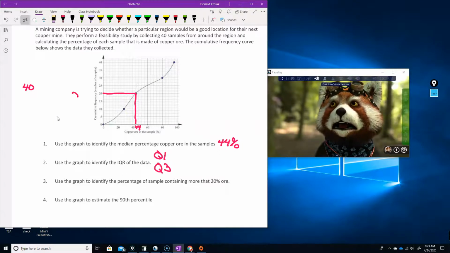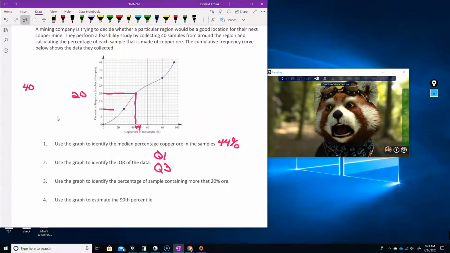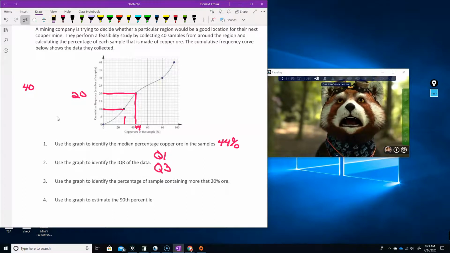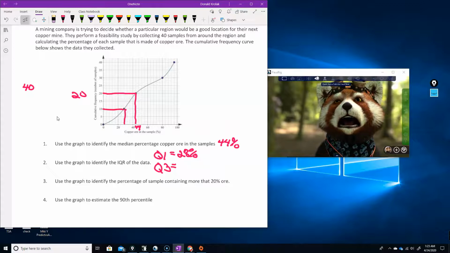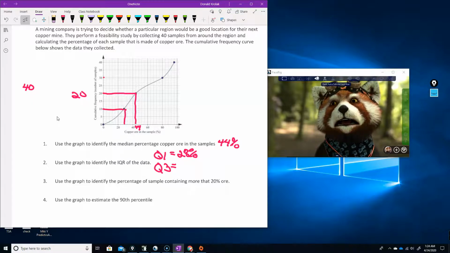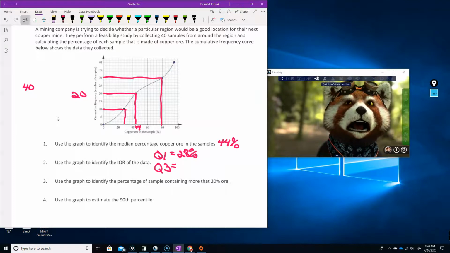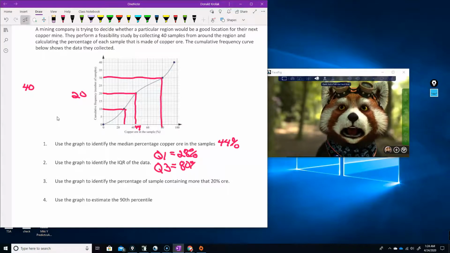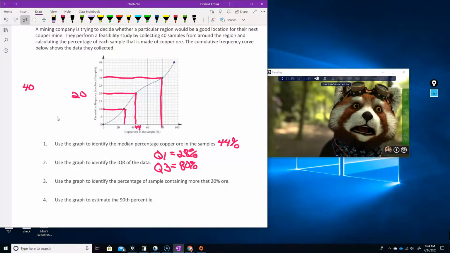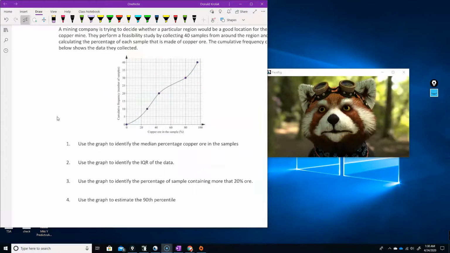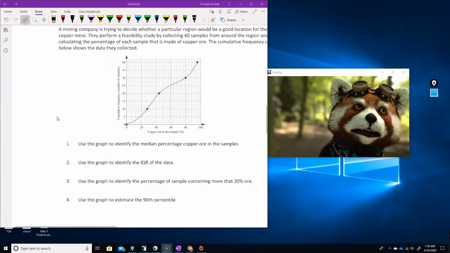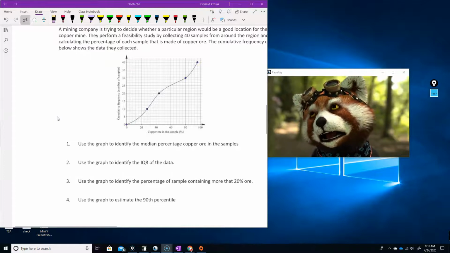So if 20 was halfway, cut that in half. 10 would be our lower quartile, and that looks to be about 28. 28% of that particular sample contained copper ore, and then our upper quartile, well, we're dividing into intervals of 10, so that would take us up to 30, and our upper quartile, that sample, almost all of it is copper ore, 80% of it. So our interquartile range is 52%.